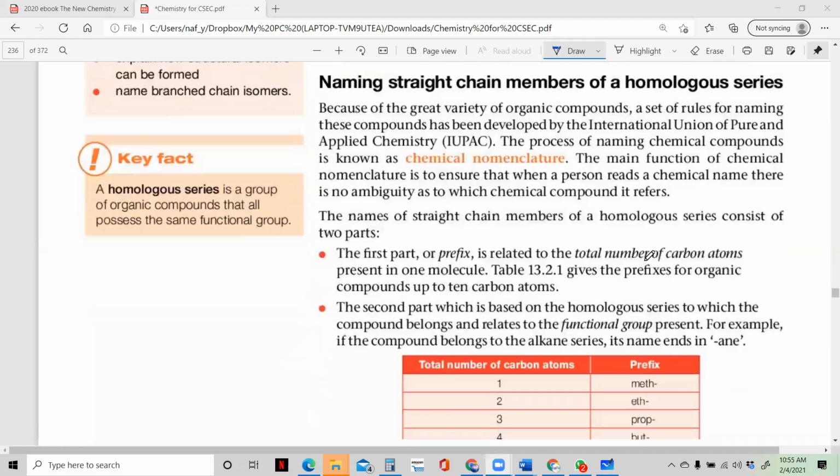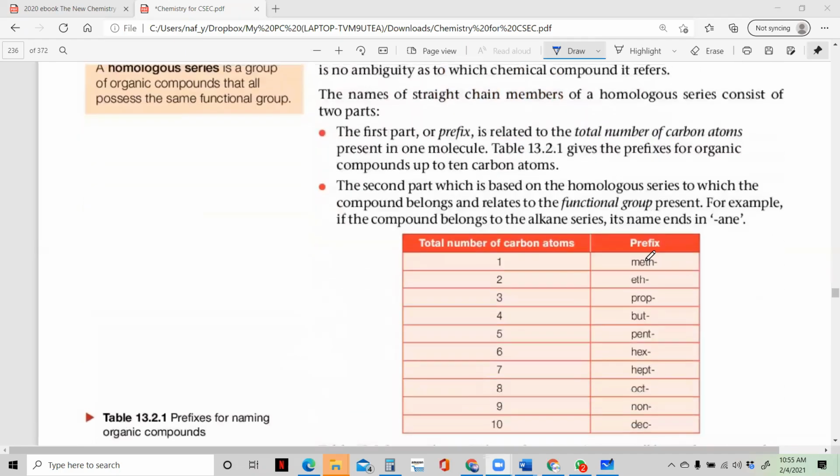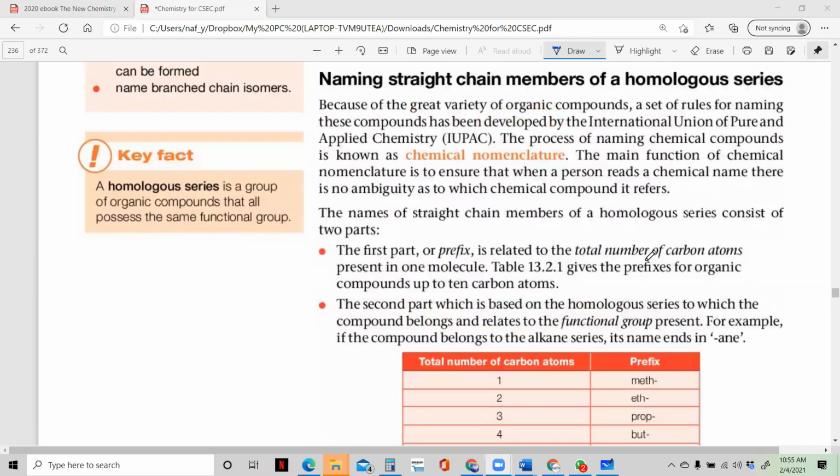All right, so let us get to naming now. To name a particular member of a homologous series, we use a prefix. The prefix just highlights to you how many atoms are in your chain.